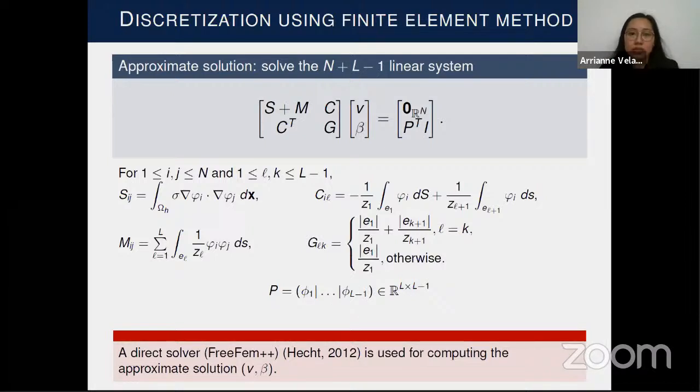So to solve this linear system, we used a direct solver in FreeFEM++. And FreeFEM++ is actually a programming language that is focused on solving PDEs, partial differential equations, using the finite element method.